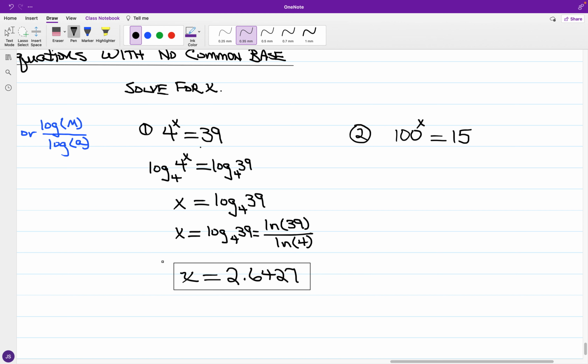Okay, I can take care of the 100 by applying base 100 logarithms on both sides of the equation. So for what I have on the left, this is going to be x. And x is going to be the base 100 logarithm of 15.